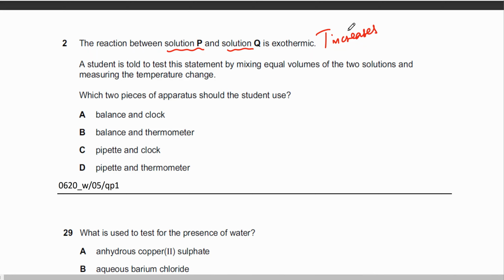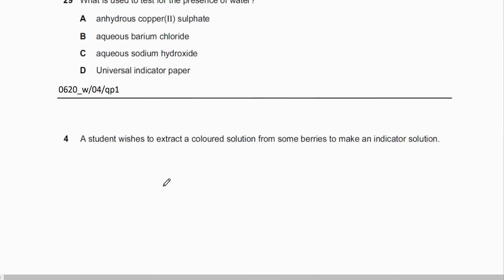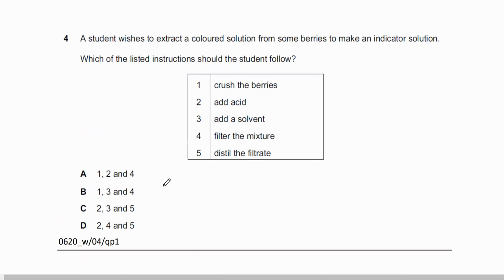If you're trying to figure out the temperature, it's either going to be B and D, and you're trying to mix equal volumes. I told you a pipette always measures exactly the same volume. So the only option left is D, because it has to be a thermometer since you're trying to measure temperature. We haven't done this yet, as this one.